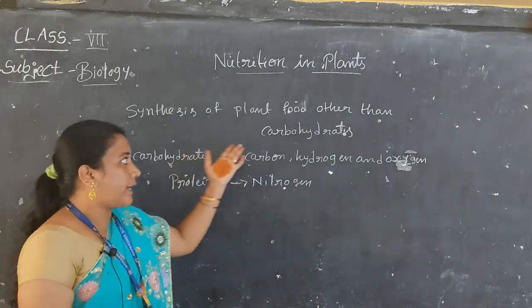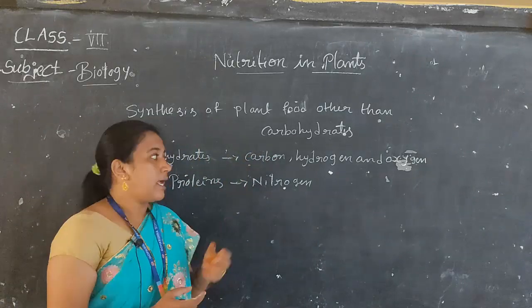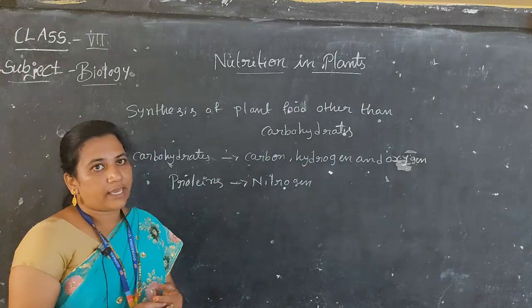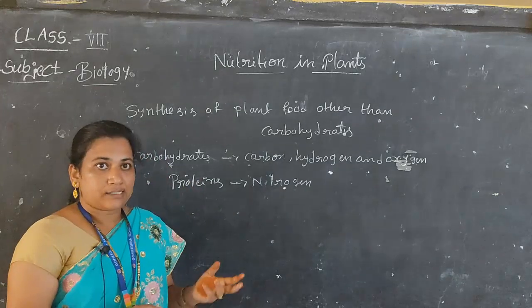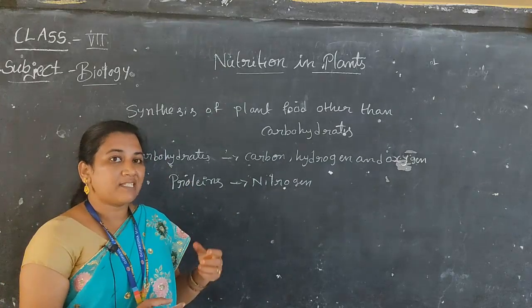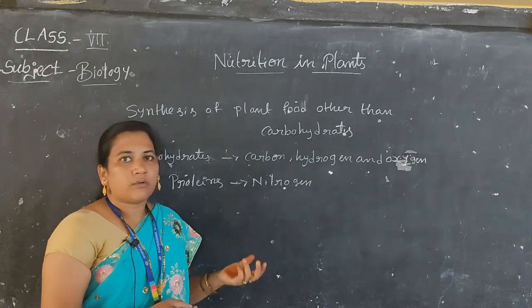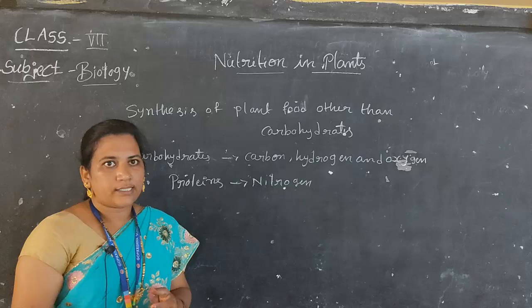Why? Because carbohydrates give us energy and proteins are body building food. Fats also give energy to our body, and minerals and vitamins play different roles in our body's development and growth, yes or no?